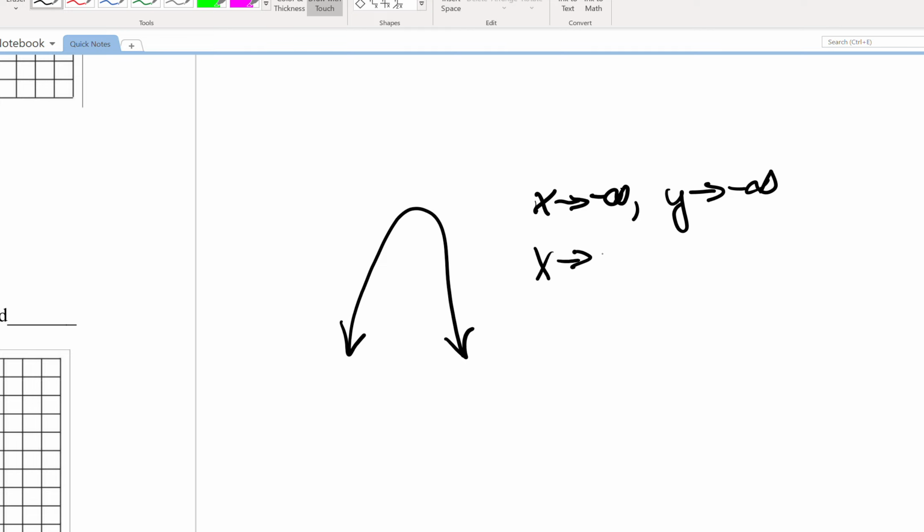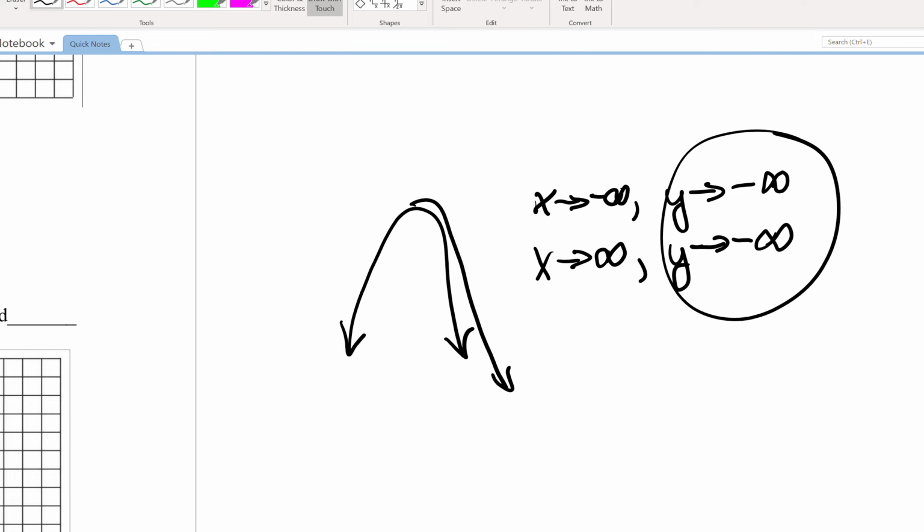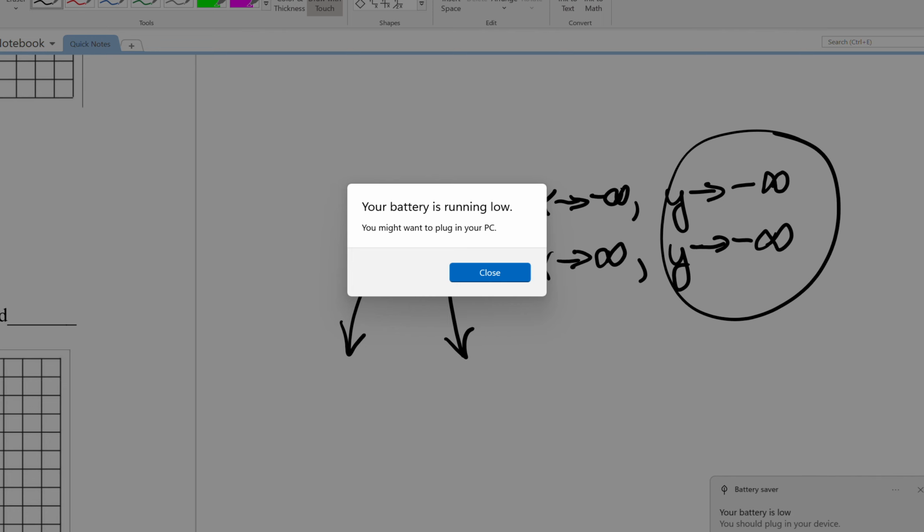As x approaches positive infinity, that's on the right. Y is also going down. And so that would also be negative infinity. So on a parabola, it's either going to both be positive infinity or both be negative infinity. This was something a lot of students missed on Unit 5.